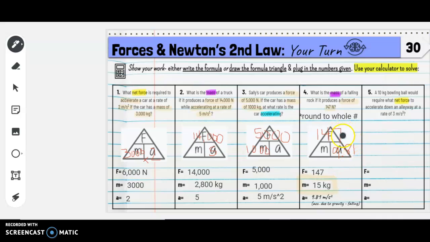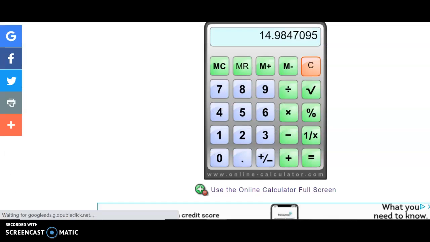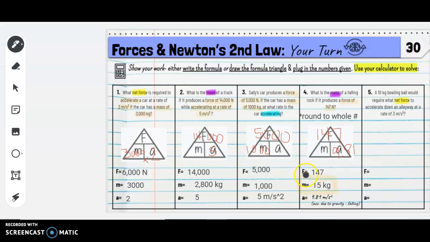So in your calculator, you would plug in 147 first, divided by 9.81, and you should have gotten 14.9847095. But again, rounding to that whole number, you could have just written your answer as 15 for this problem. And our units were kilograms.